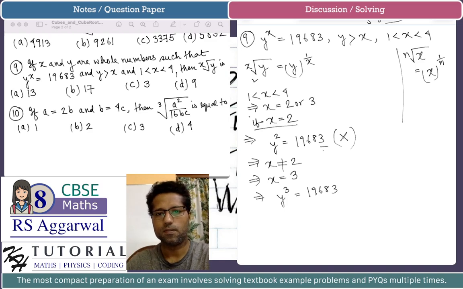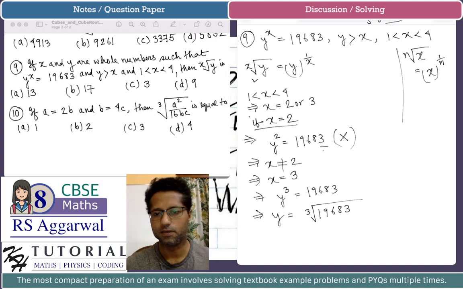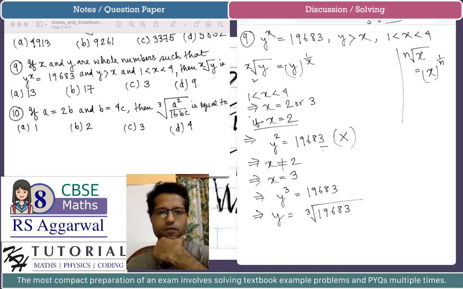So what will be y? If y cube is 19683, it means that y is the cube root of 19683.